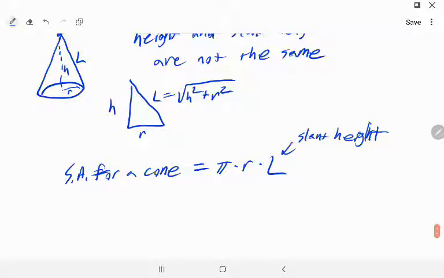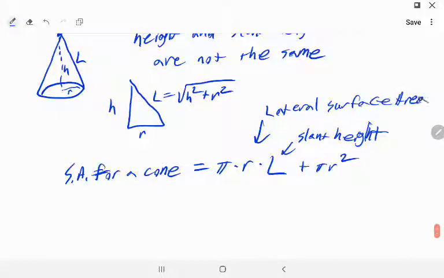But surface area for a cone is going to be pi r L plus the area of the base. So we call this the lateral surface area for the sides, and then the base is, unsurprisingly, the area of the base.